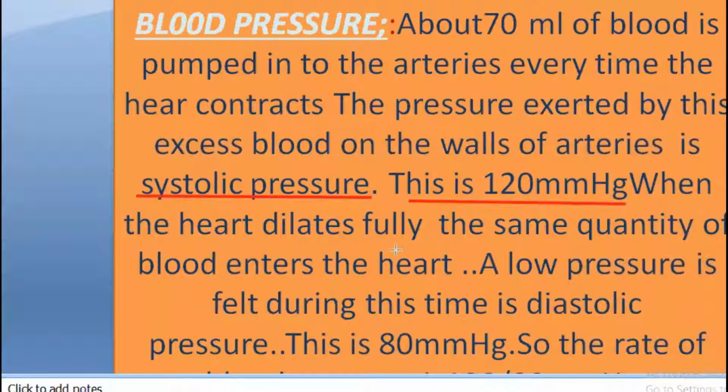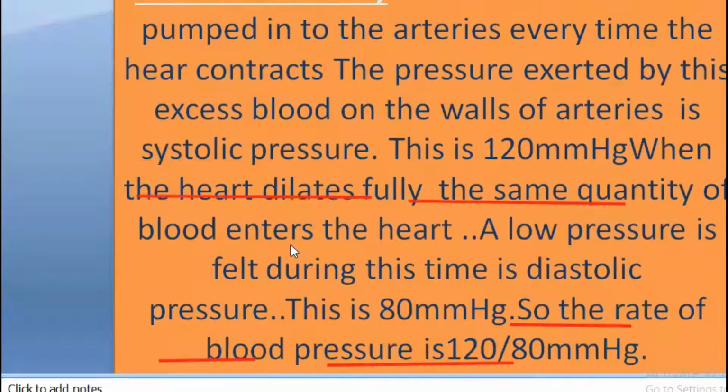When the heart dilates fully, the same quantity of blood enters the heart. A low pressure is felt during this time. That is diastolic pressure. This is 80 mmHg. Then how do we say the rate of blood pressure?